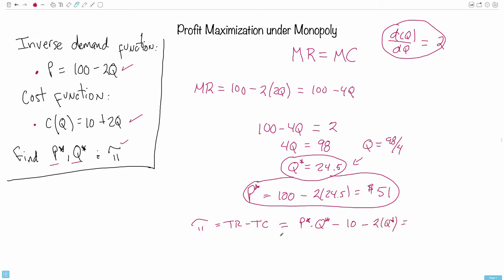So if you make the substitutions here, you are going to get $51 multiplied by 24.5 minus 10 minus 2 times 24.5. So you can use your calculator, and you are going to find that the level of profit for this monopolist is essentially $1,190 with 50 cents. So here you have pi as well.